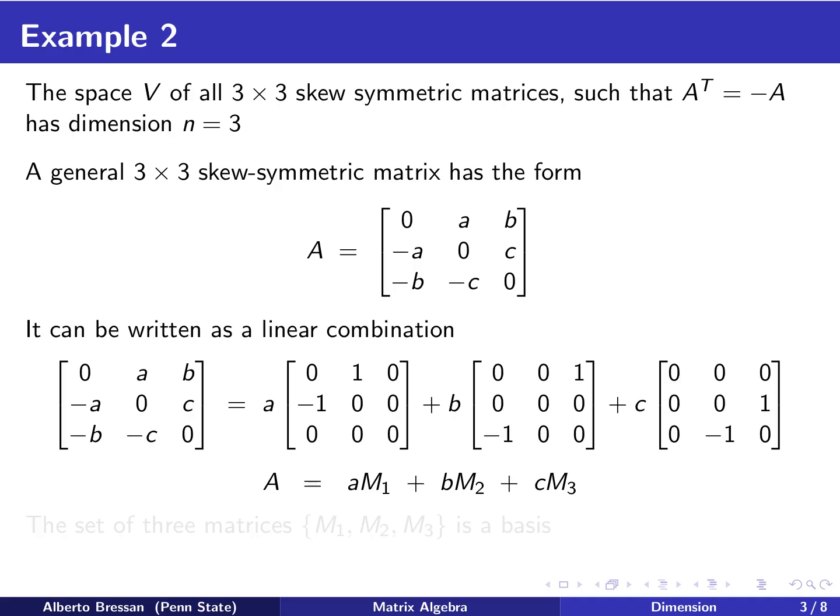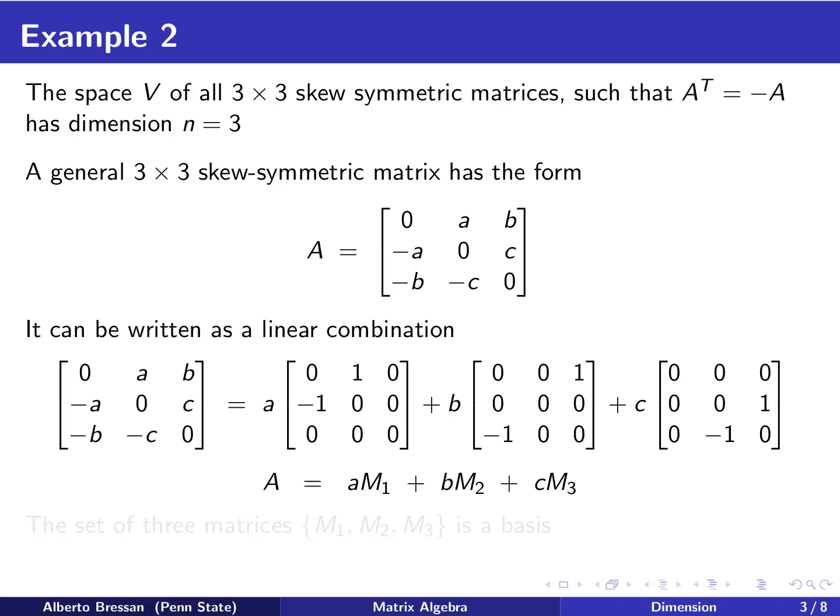Now we can take a similar approach. Among the 3 coefficients A, B, and C, we can go through them and pick one to be 1 and the other 2 to be 0. Okay, so if we take A to be 1 and B and C to be 0, then we'll have negative 1 and 1, and then 0 everywhere else. And that's this matrix. And we call it M1.